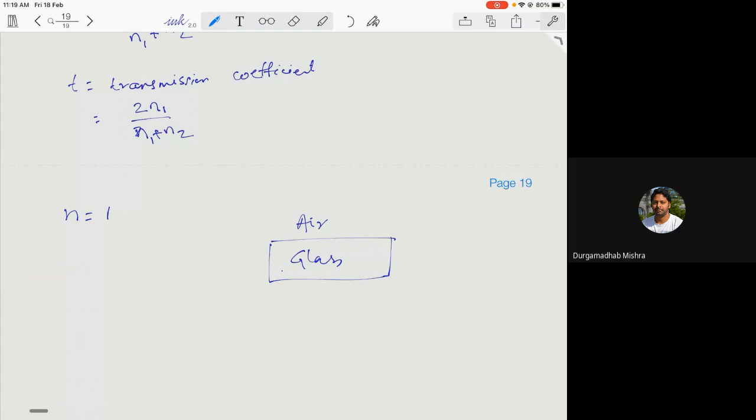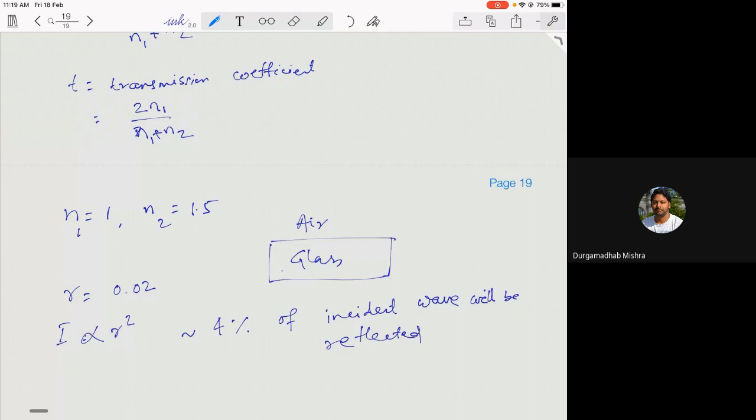In that case N1 is equal to 1, N2 is equal to 1.5, and your reflection R comes out to be 0.2. The intensity will be proportional to the amplitude square, R square, which is almost 4% of the incident wave being reflected.